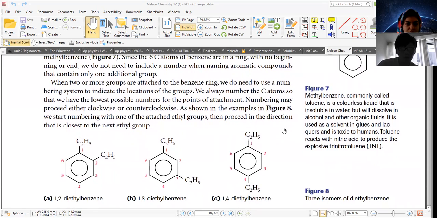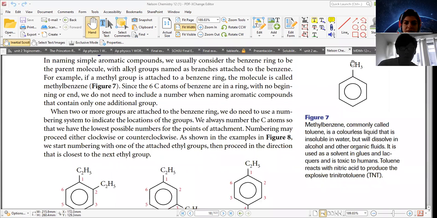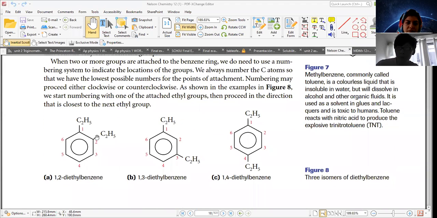So here, yeah, this is the benzene ring. So this is going to be what? Methylbenzene. And now if you want to attach the second methyl, it could be on the second carbon, third carbon, or fourth carbon.